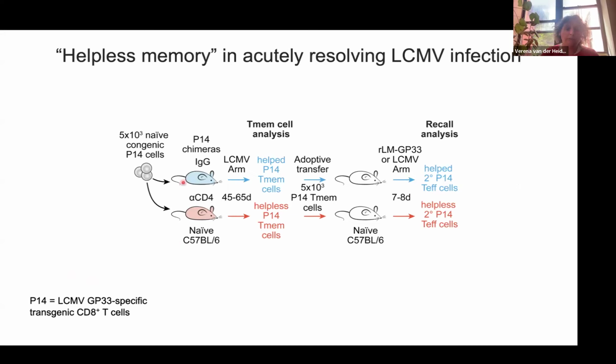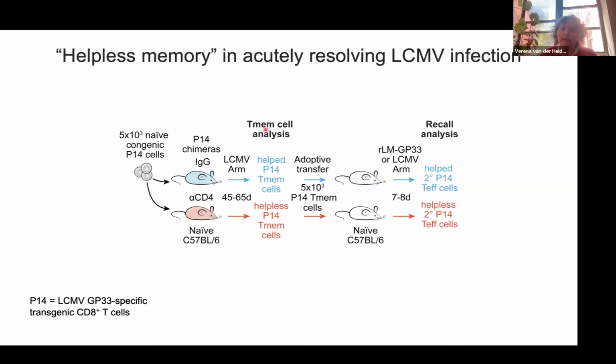We transfer a very small number of these cells into naive mice that are then treated with isotype or an anti-CD4 depleting antibody. So the CD4 T cells are removed from the system, and they usually don't return until a month later. Then we infect these mice with the acute version of LCMV called LCMV Armstrong, and wait until the memory T cells develop.